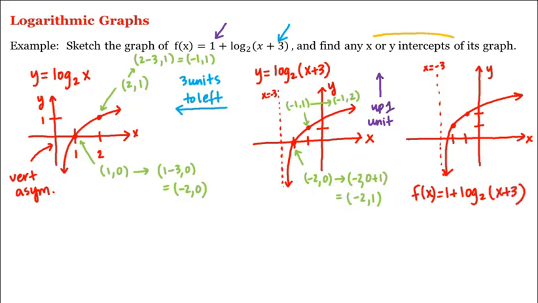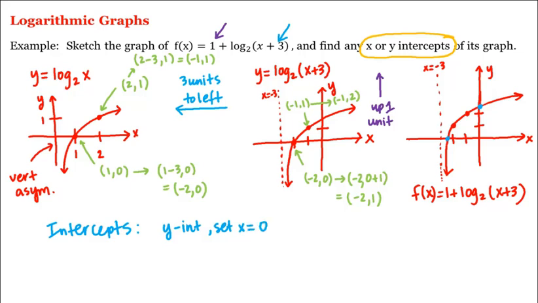Now we're also asked to find any x or y intercepts. And looking at our graph, we have an x-intercept here and a y-intercept here. So let's find out what these values are. Now to find the y-intercept, we set x equal to 0.